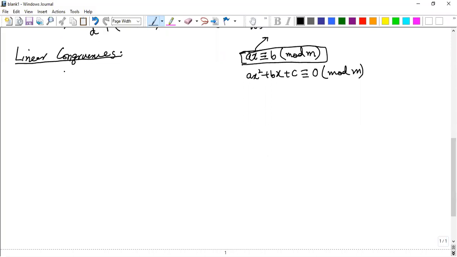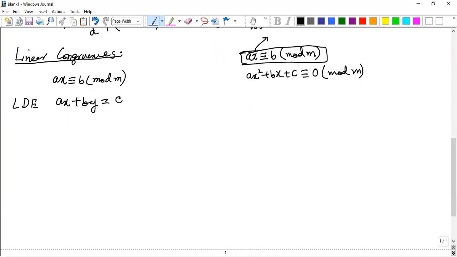The linear congruence is AX congruent to B modulo M, while the linear Diophantine equation is AX plus BY is equal to C. This equation has already been studied in the first lecture.